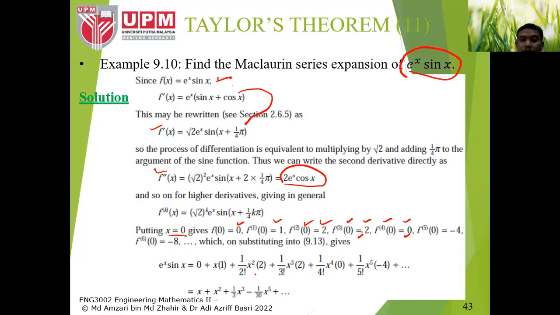At the end you get the general expansion x plus x squared plus x cubed over 3 minus x to the power of 5 over 30, and the rest. So this is how to find the Maclaurin series expansion using the function e^x sin x.